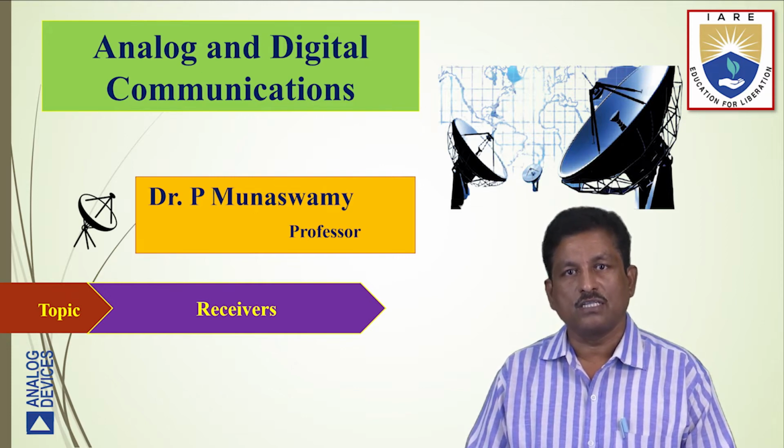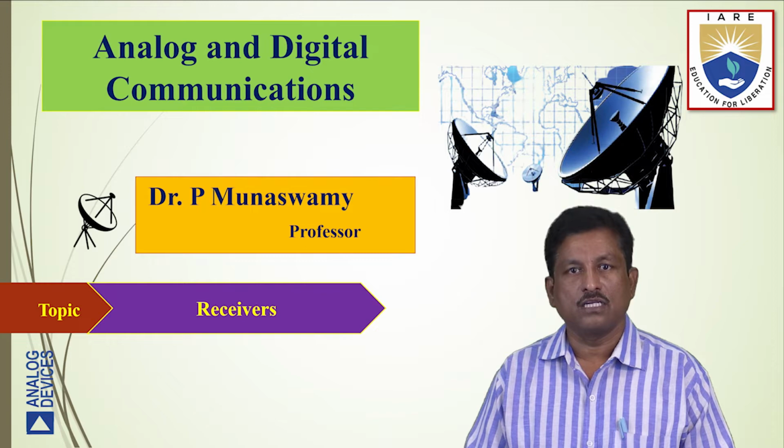Then coming to the main part which we are going to discuss now, that is the receiver. The destination has the receiver. So what is the receiver? The receiver is an electronic device, a combination of different components, which can receive the modulated wave or transmitted signal from the transmitter.